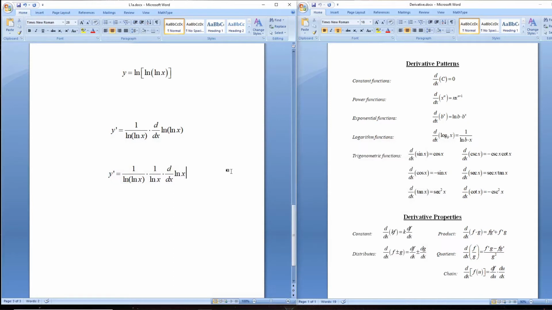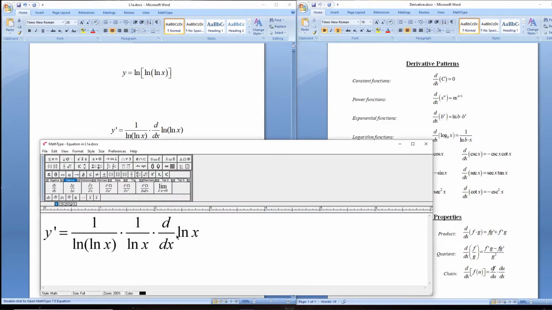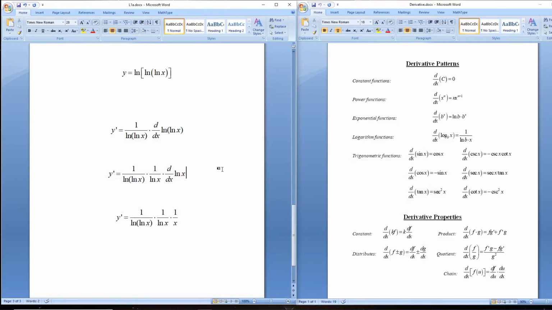And so there's our next step. And then finally, the derivative of log is just 1 over x. And there's our final answer.